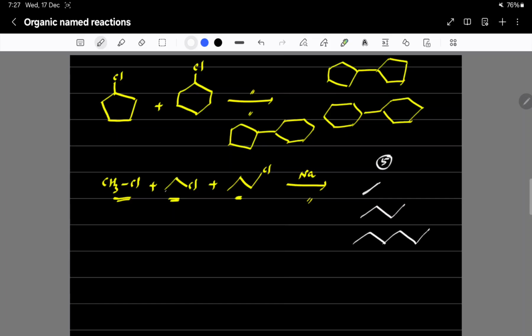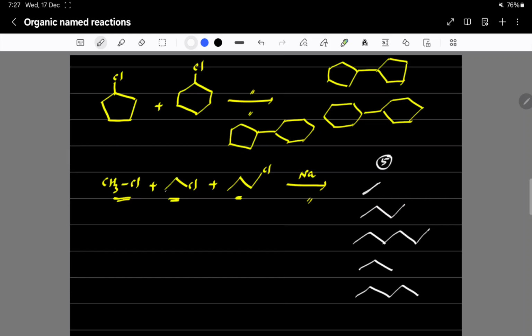Right. These 3 are possible. Now similarly, if ethyl chloride and methyl chloride undergoing cross coupling, generally we will get, student, propane as the product. Now ethyl chloride and propyl chloride undergoing coupling, so we will get pentane as the possible product.